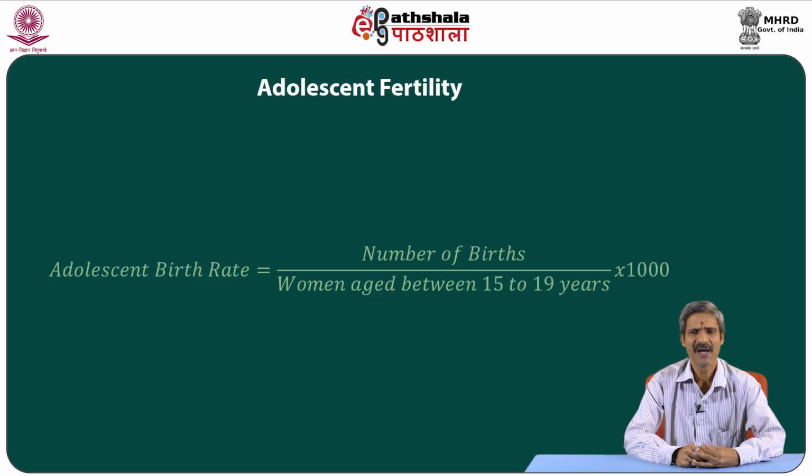These include higher health risks to adolescent mothers and reduction in education and employment opportunities the girls might have had in the event of not getting married or not getting the responsibility of childbearing and child rearing.